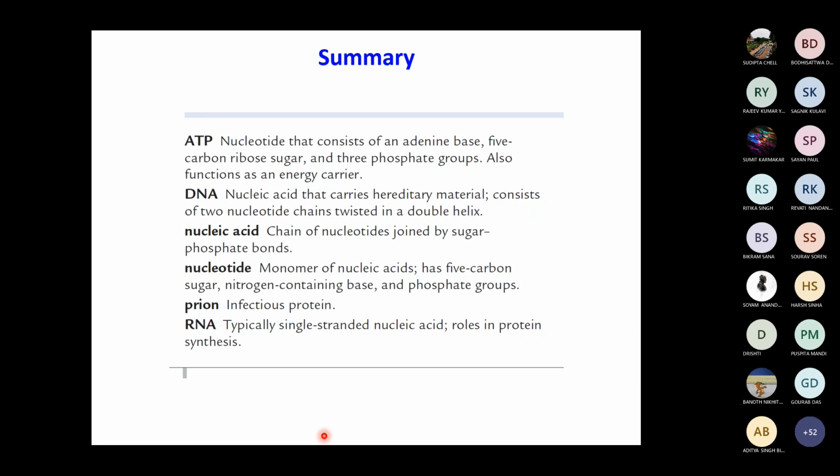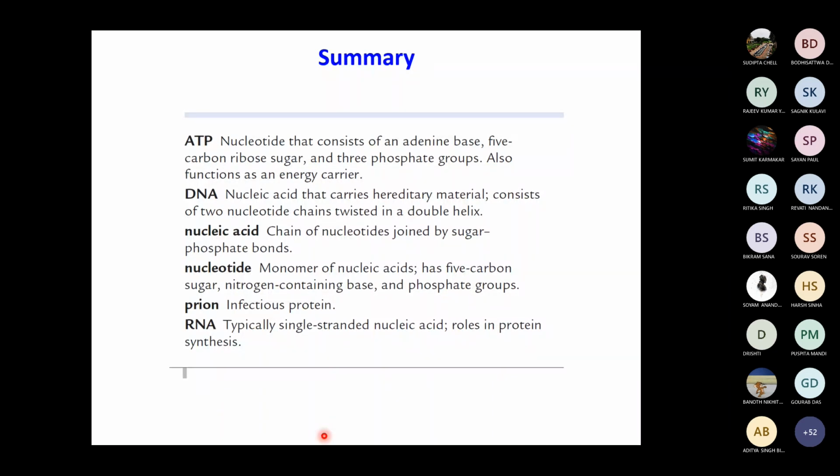It has adenine as the nitrogenous base. Tri means 3 phosphate groups. And the sugar is ribose. So adenosine triphosphate has 3 phosphate groups, and it functions as an energy carrier.